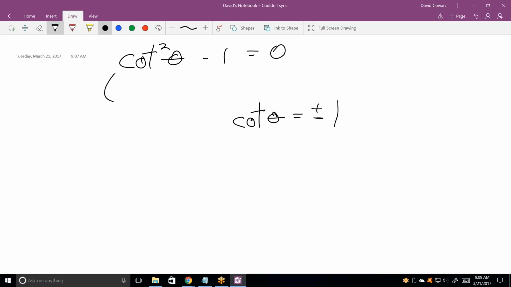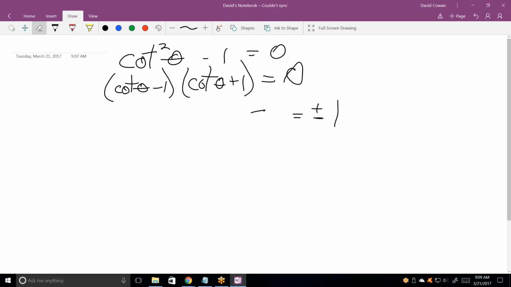Which factors into cotangent theta minus 1 times cotangent theta plus 1. And that's actually a quicker way to get to the solution, and you don't accidentally make the mistake of leaving off the plus or minus, although I guess we had the answer, didn't we? We had cotangent theta equal plus or minus 1, which would be your next step here also.